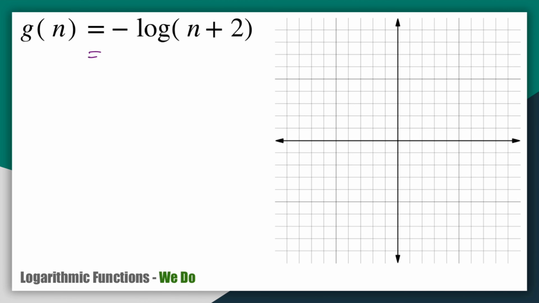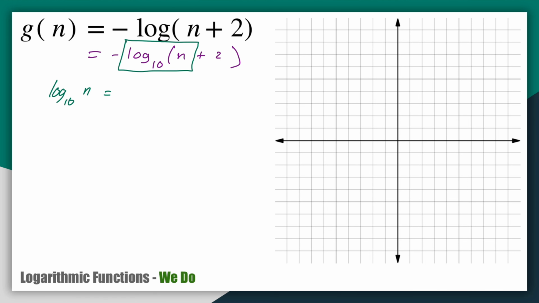So if I want to rewrite this, it would look like this, okay? Now let's leave it rewritten like that. Let's focus on grabbing our parent function here. We want to convert this to exponential form so we can grab those points and then just flip them, okay? So we have log base 10 of n, and we could just set it equal to an arbitrary variable.